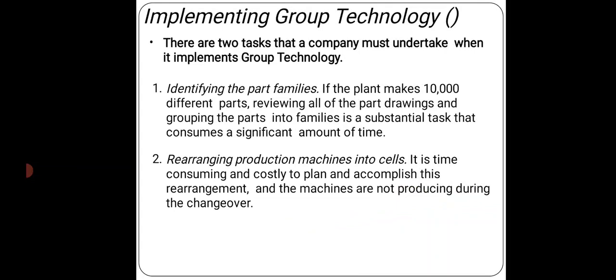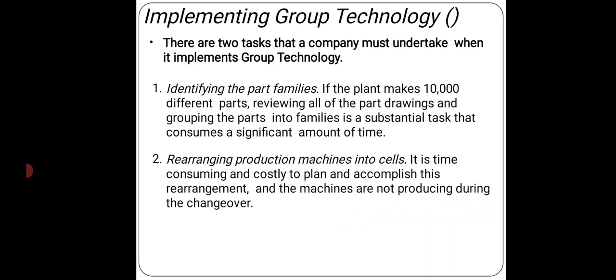Implementation of group technology. There are two tasks that a company must undertake when it implements group technology. First one, identify the part families. If the plant makes 10,000 different parts, reviewing all the part drawings and grouping the parts into families is a substantial task that consumes a significant amount of time.